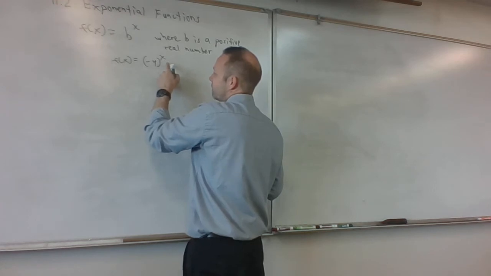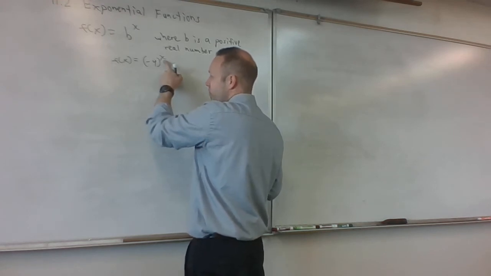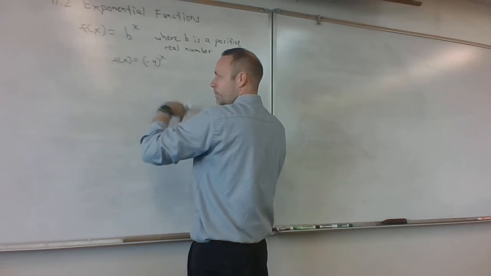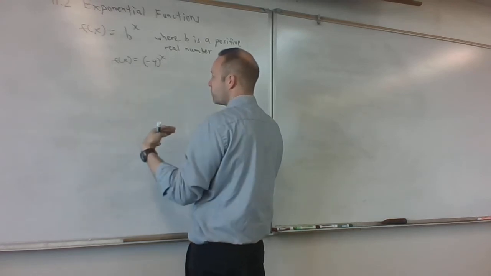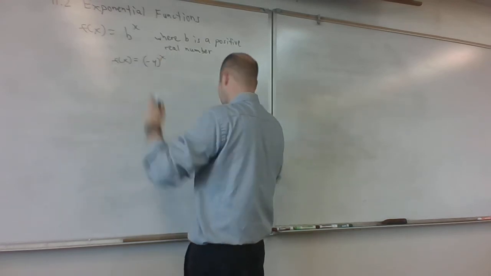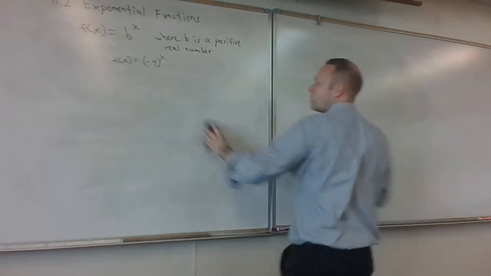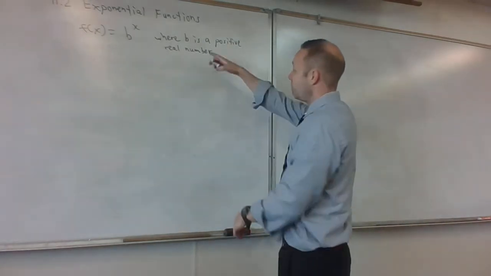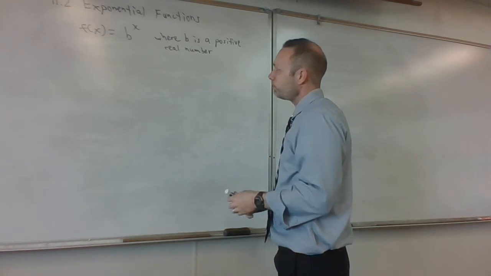If x is integers, you're constantly swapping back and forth between positive and negative y values. And if x is non-integer, just a lot of weird stuff happens. So we're just dealing with b as a positive real number.